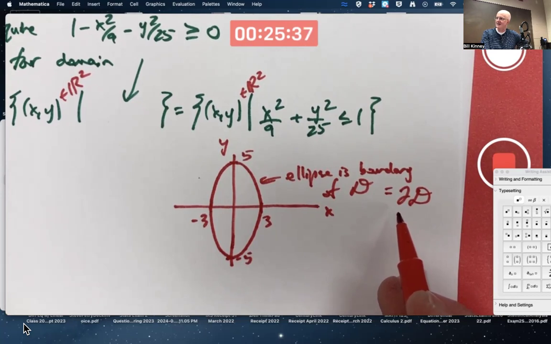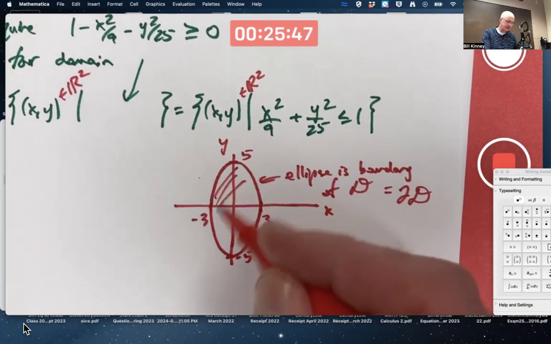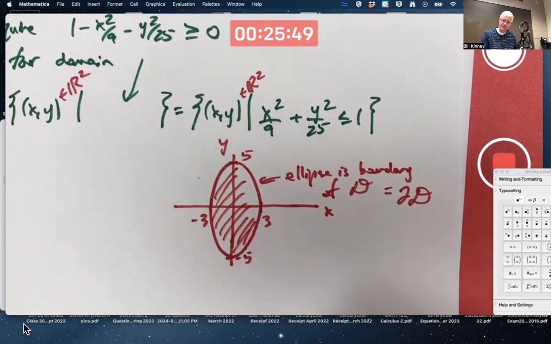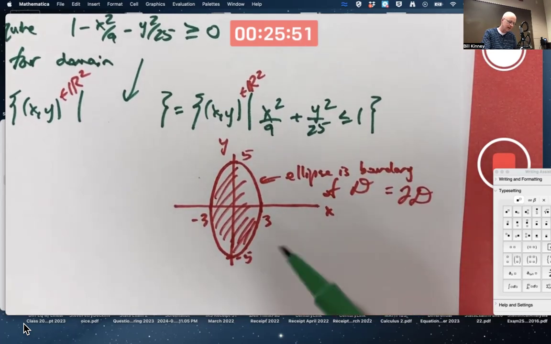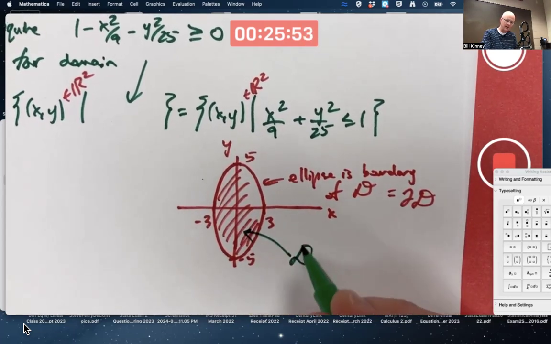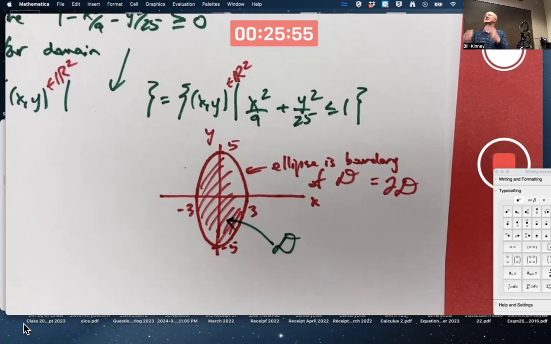There's actually a little bit more meaning behind this than what I'm indicating, but effectively this is good enough for what we're doing here. That ellipse, and then the interior of the ellipse is also included in D itself. So D itself is the inside of the ellipse, the interior, and the ellipse itself.